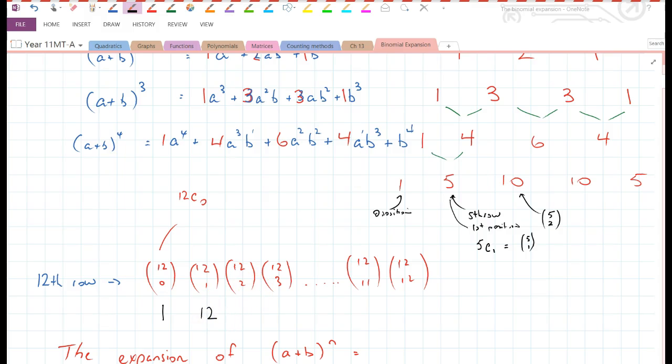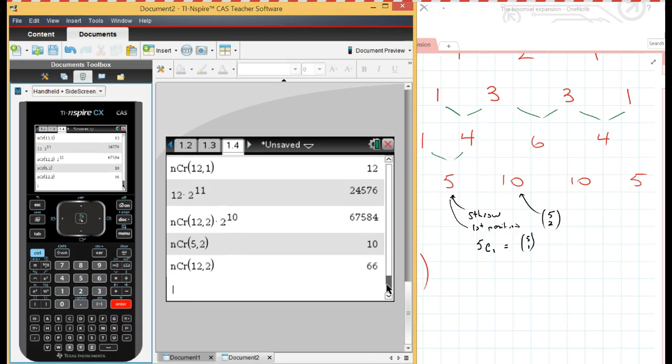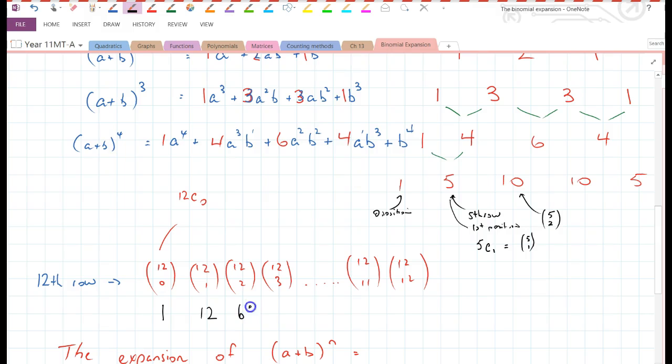12C2 I'm not so sure about, so I could go in here and either go menu 5, 3 or I could just hit nCr. I can just go to my keypad here and hit nCr, open up a bracket. It's a bit painful. 12, 2. Hit enter. And that's 66, so I'll go back in here, that's 66 there. Then I could do the same for 12C3.